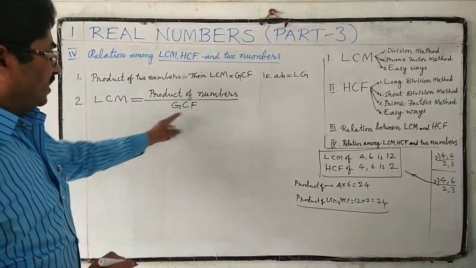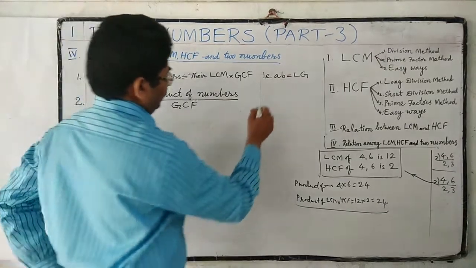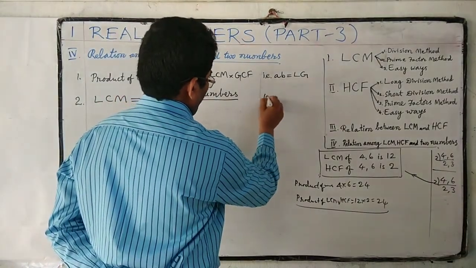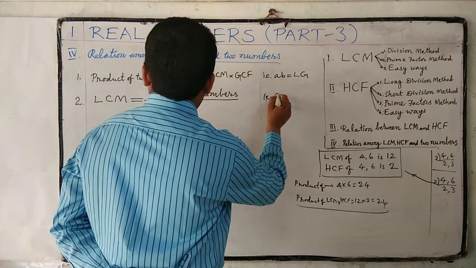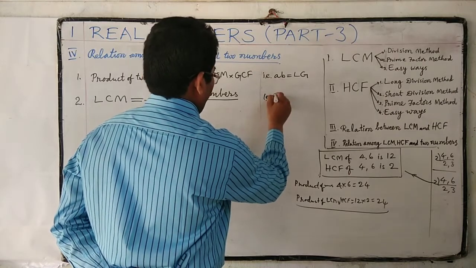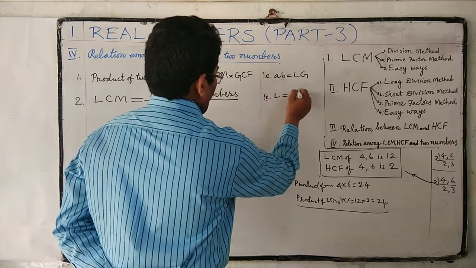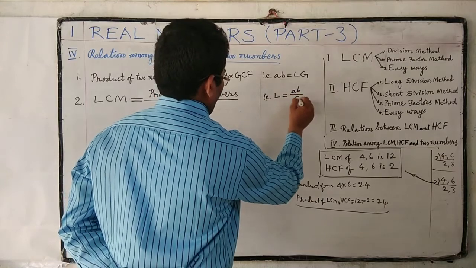LCM is equal to product of numbers by GCF. That is, L is equal to AB by G.